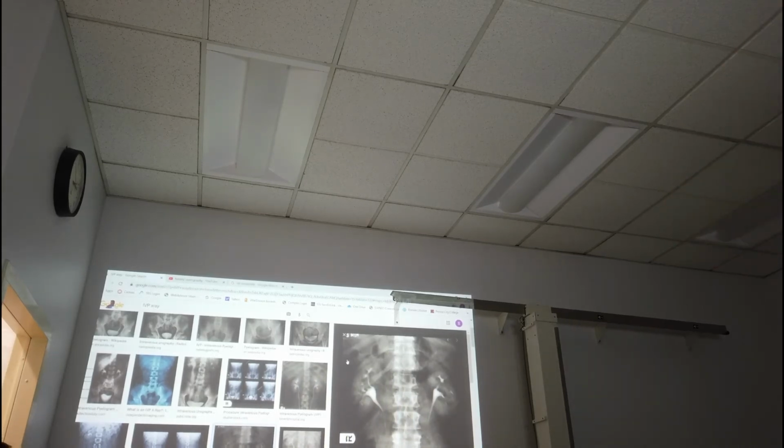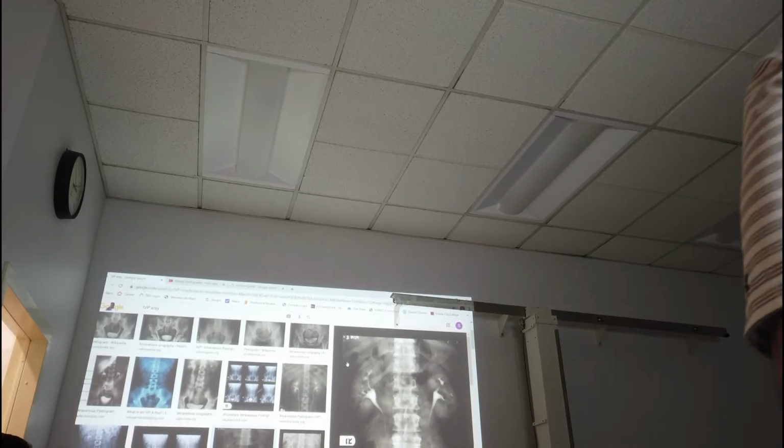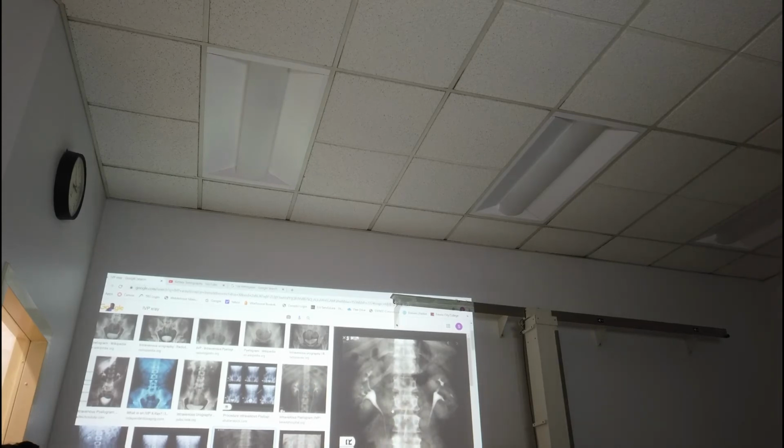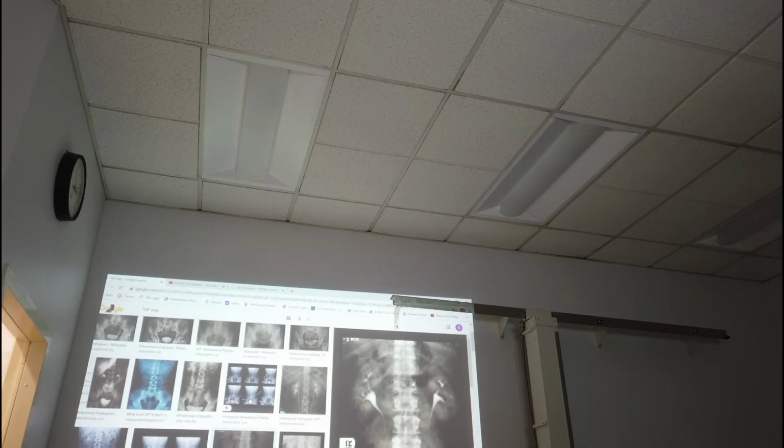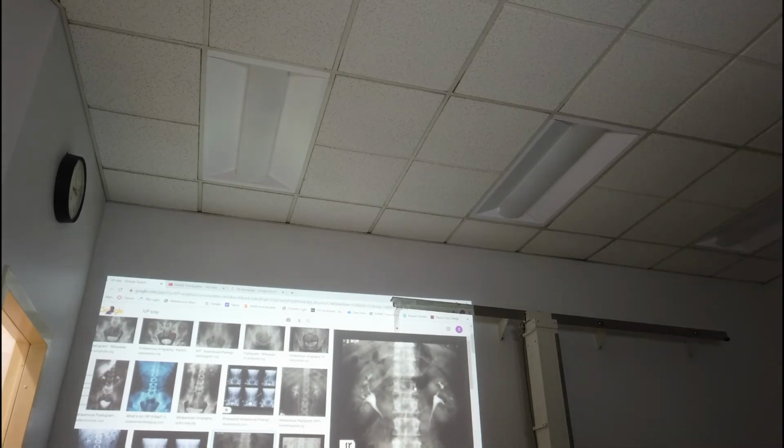Let's see here. You can see the psoas muscles too in this X-ray. See the psoas muscles right here, and then you can see the other one right here. So remember, the psoas muscles connect to about T12, and they go all the way down to the lesser trochanter of the femur.